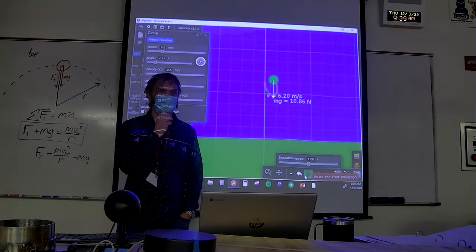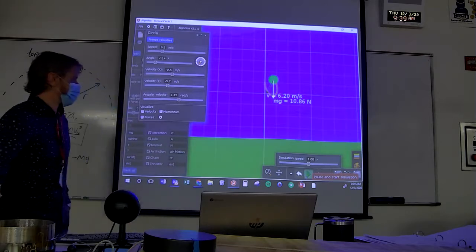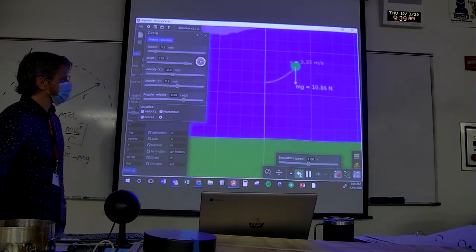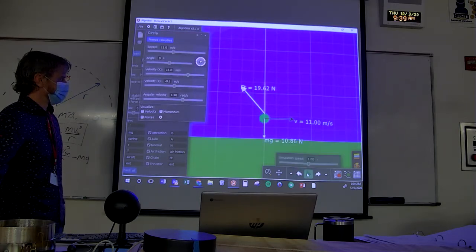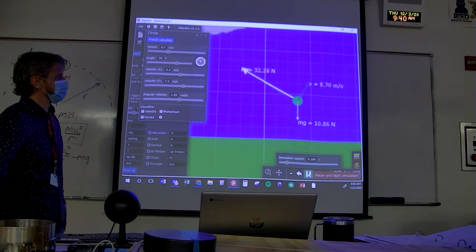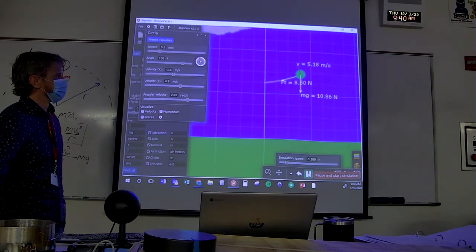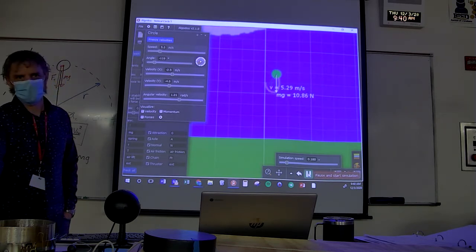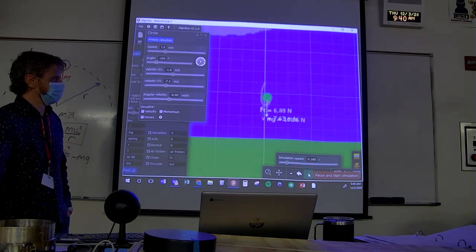When the tension becomes zero. And so here I can kind of approximate where that happens. Let me slow down a little bit. Happens right about there. Right. No more tension, and now the object moves as a projectile in a parabolic arc.